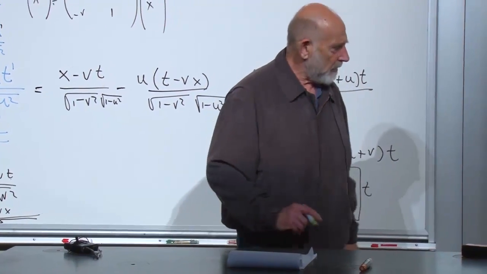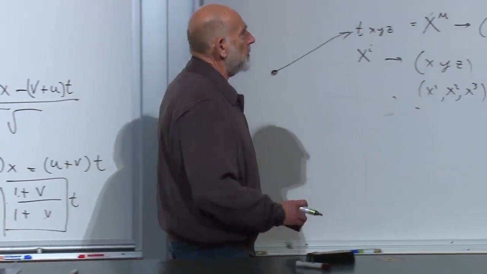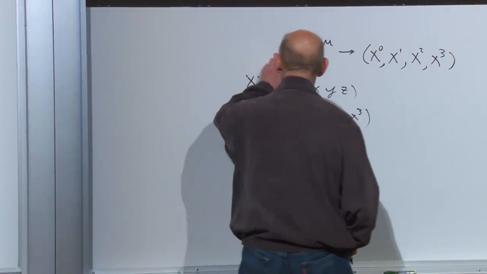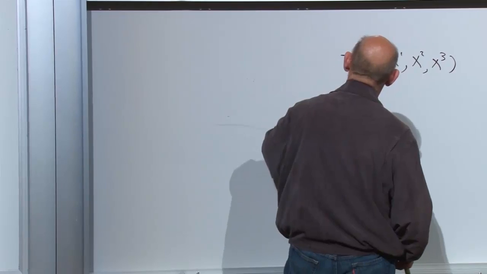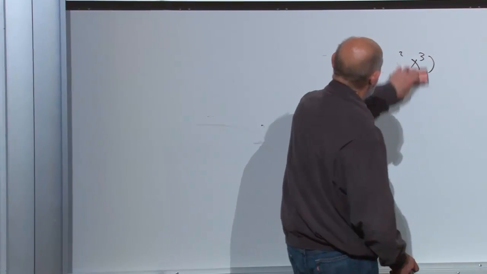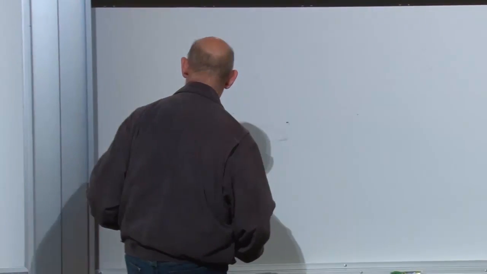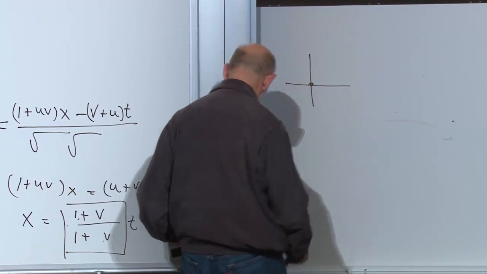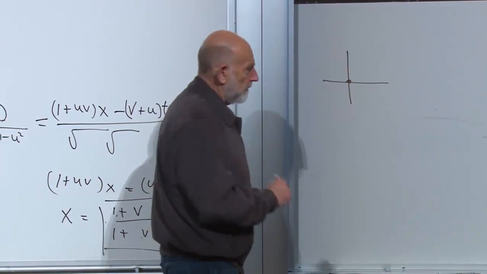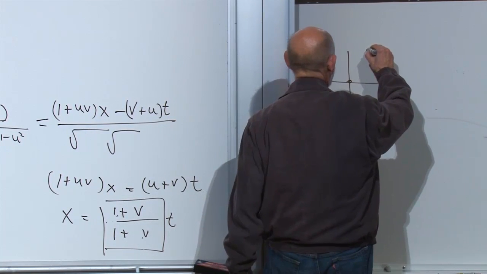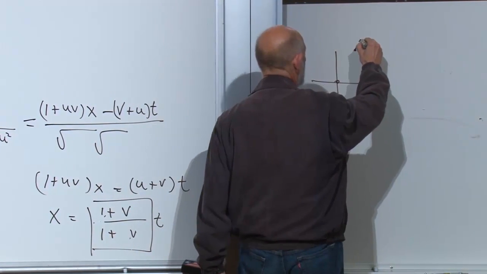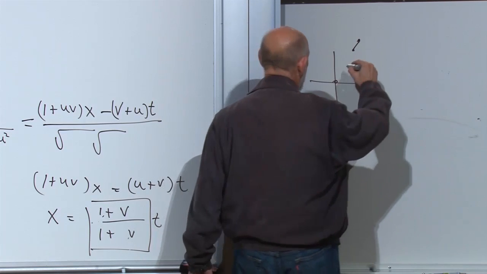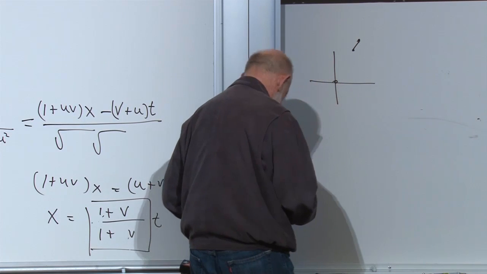All right, now let's talk about some other examples of four-vectors. In particular, instead of talking about the components relative to an origin, let's just take a little interval. It could be an interval along a trajectory.